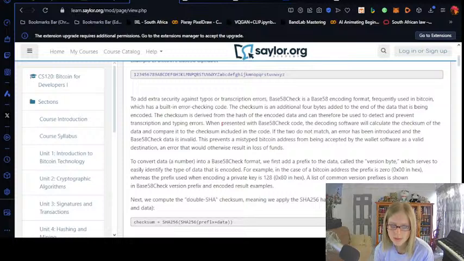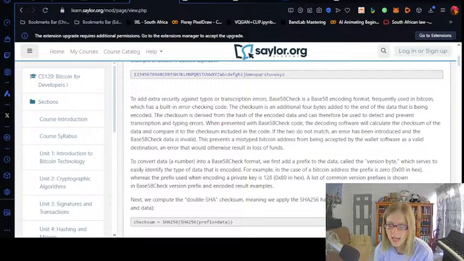To convert data, a number, into a base 58 check format, we first add a prefix to the data called the version byte, which serves to easily identify the type of data that is encoded.